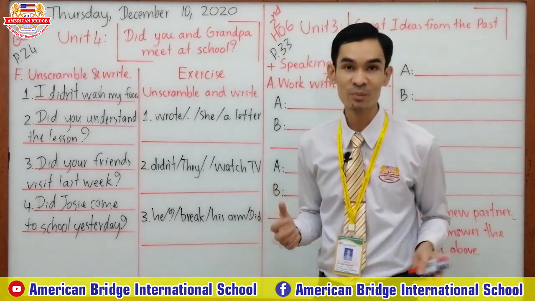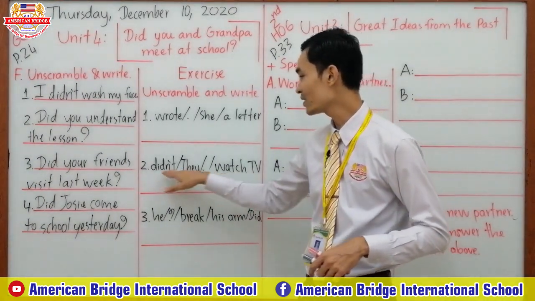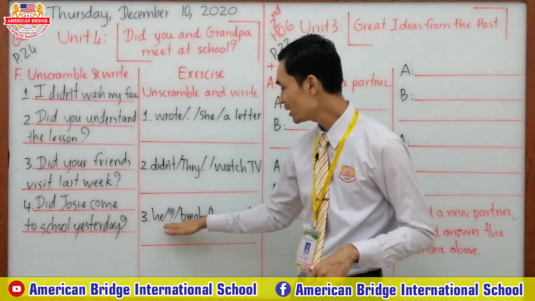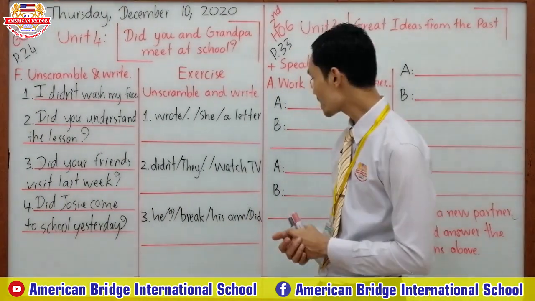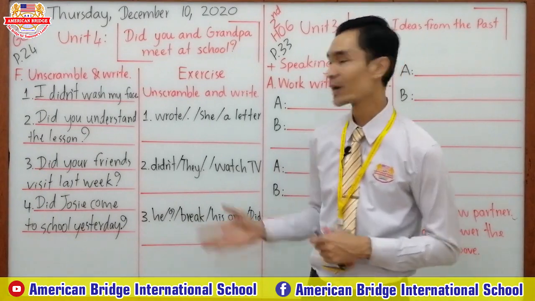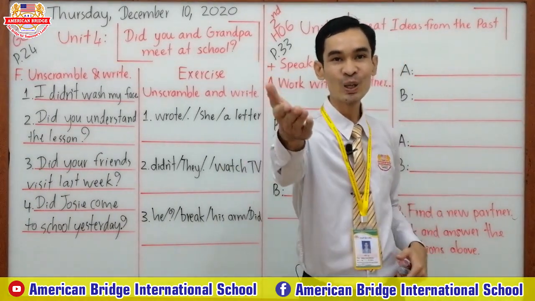So it must be positive. How about this sentence? Oh, you see a full stop and you see didn't. It must be negative. And this one, oh, you see a question mark. So it must be a question. Okay, so now I give you 30 seconds to complete this exercise. And after that, I will correct it for you. You can do it now.